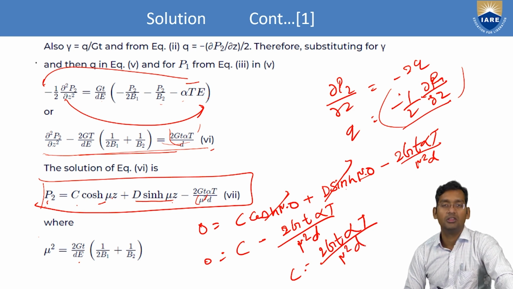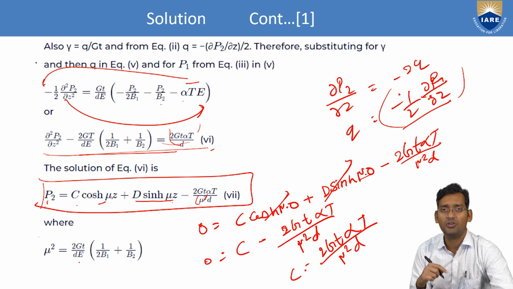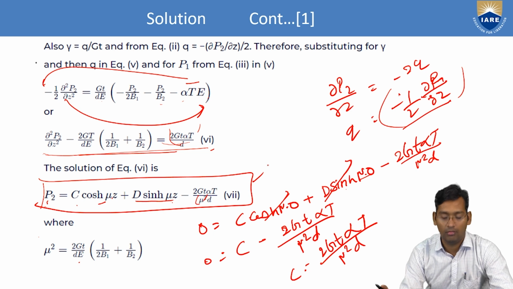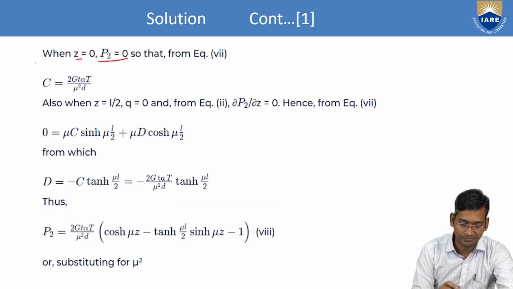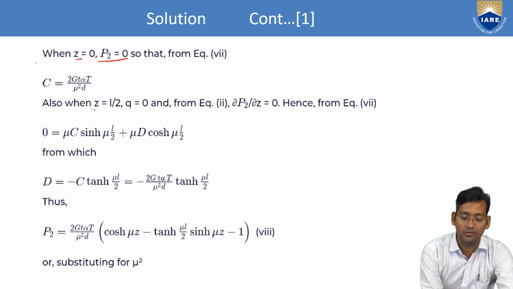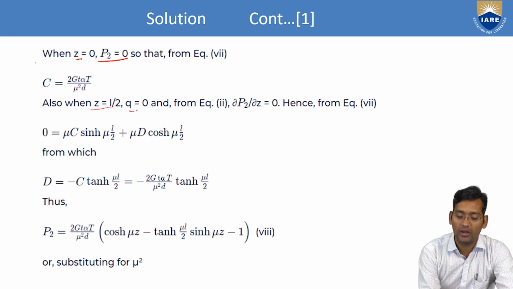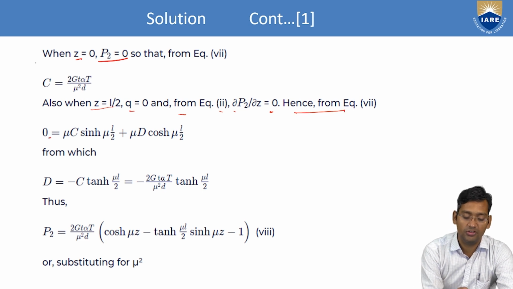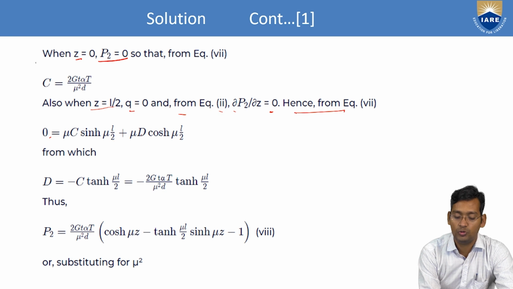So now we have the value of c. Next, we have to find the value of d. Once we have c and d, let's put them in this equation, and you will get the final value of p. Also when z is L by 2, q is 0, and from the equation, again substituting, del p2 by del z is 0. Hence from the equation, 0 equals mu c sinh mu L by 2 plus mu d cosh mu L by 2.